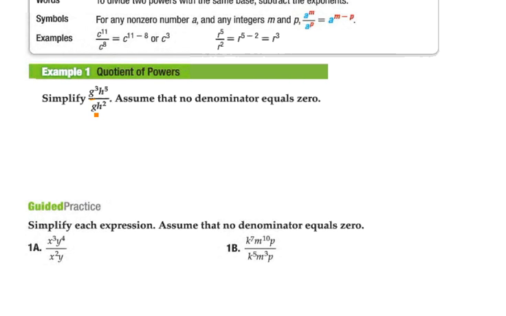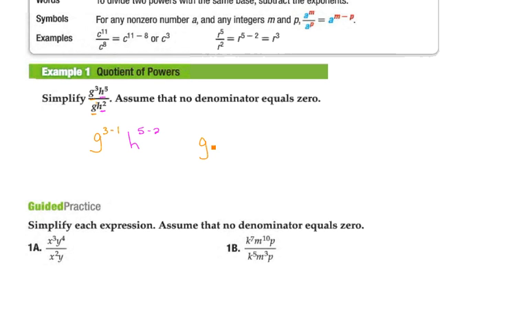So two different pieces here. We're dealing with G's and we're dealing with H's. I know that I'm going to keep my base of G, and I have a 3, and I'm subtracting a 1. I know I'm going to keep my base of H. I have an exponent of 5, and I'm subtracting 2.